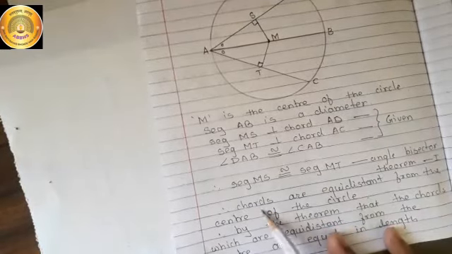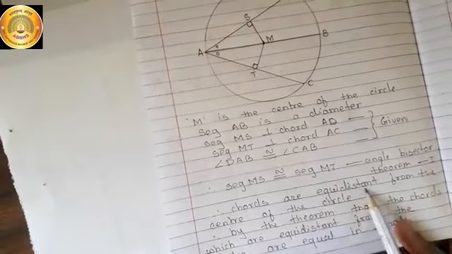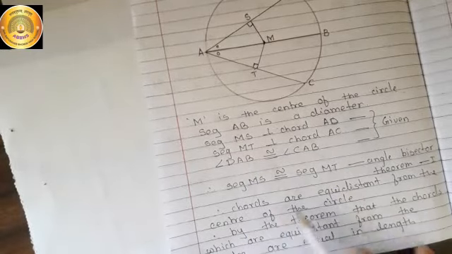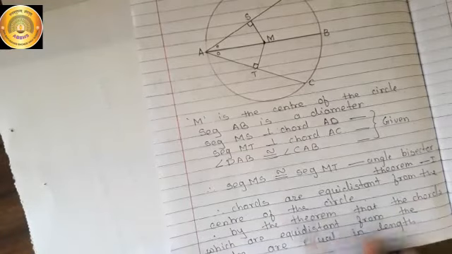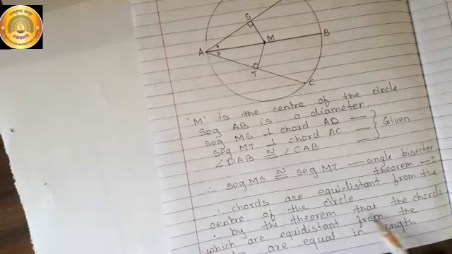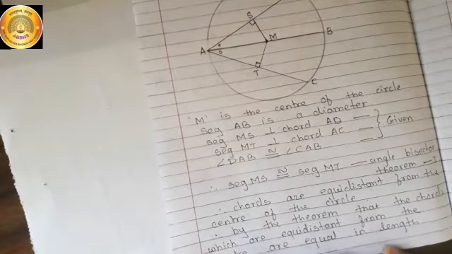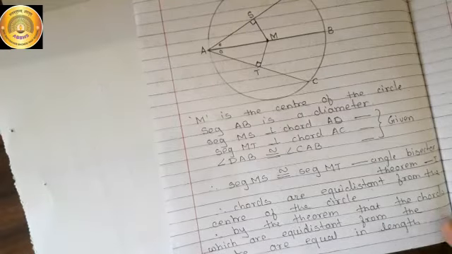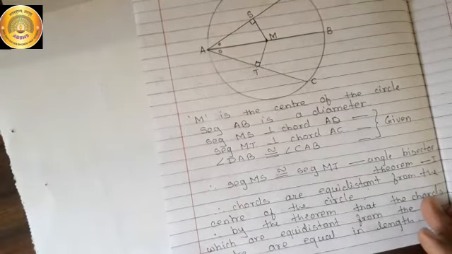Now here what did we get? If MS is congruent to MT, then we can say that the chords are equidistant from the center of the circle. Therefore, by the theorem that the chords which are equidistant from the center are equal in length. So in the textbook it is asked which theorem is applicable.